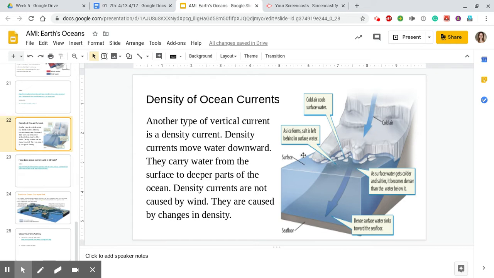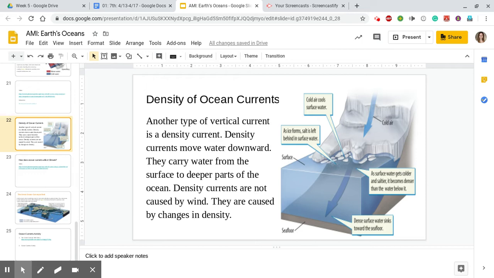And so as the surface water gets colder and also saltier, it becomes more dense than the water underneath it. Okay, because again, this water right here is going to turn into this ice and leave salt behind, causing the surface water to be more salty than the water underneath. Okay, so when that happens, it causes the water to sink and creates this current.